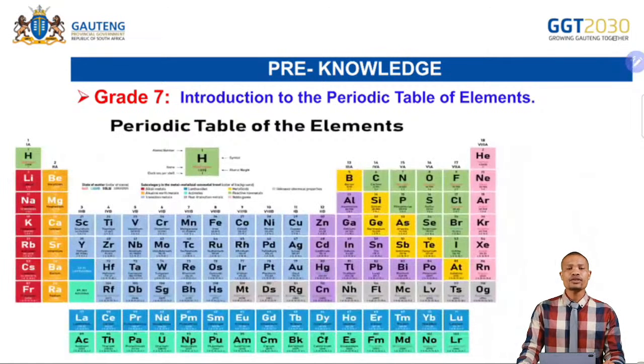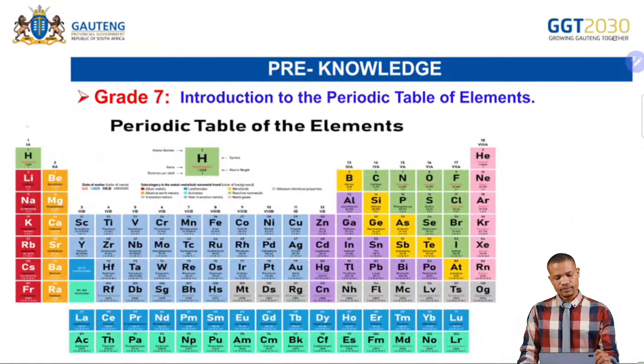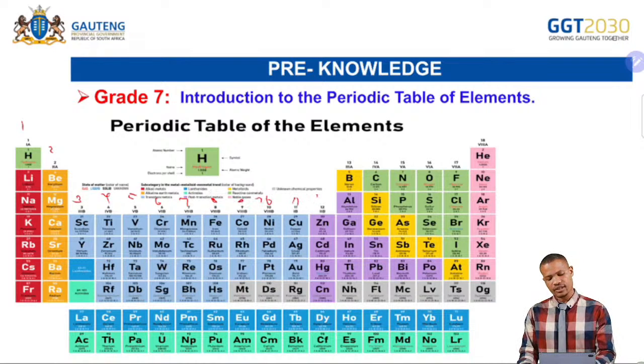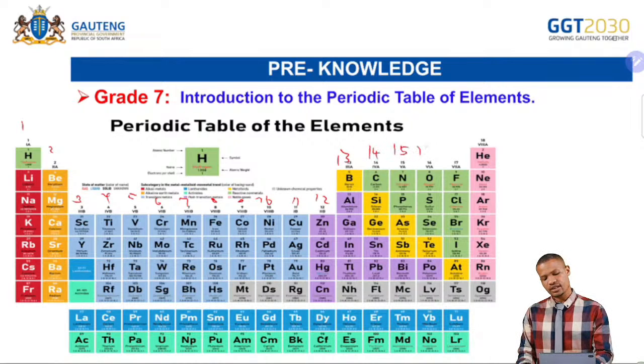And we have 18 groups, which are the vertical columns of the periodic table. And we have 7 periods, which are the horizontal rows. And these groups repeat after every 18th element, right? So this is group 1, group 2, 3, 4, 5, 6, 7, 8, 9, 10, 11, 12, 13, 14, 15, 16, 17, and 18.